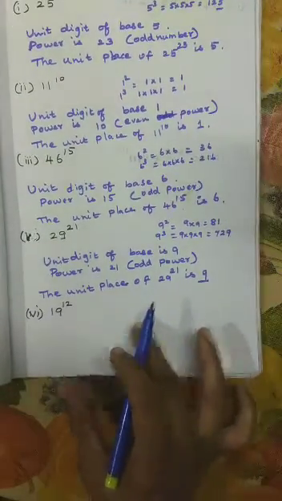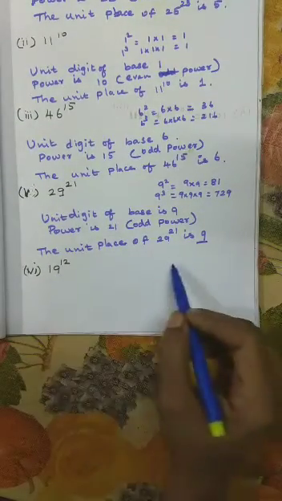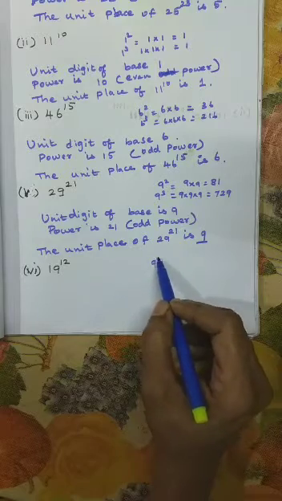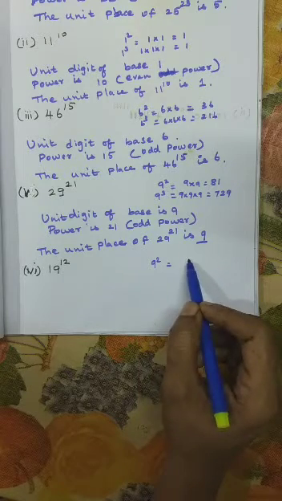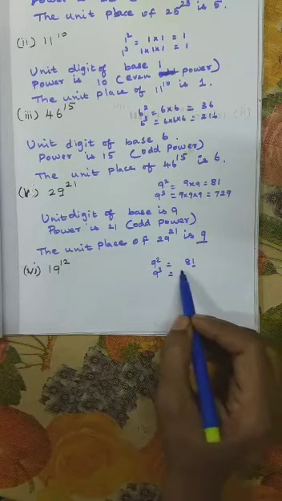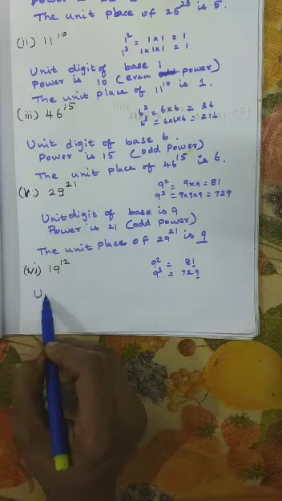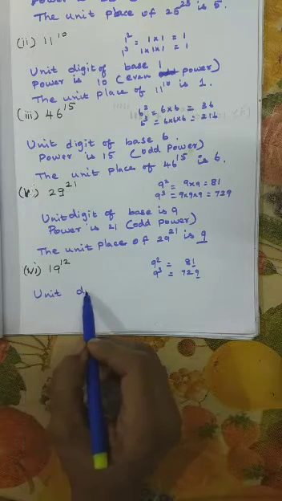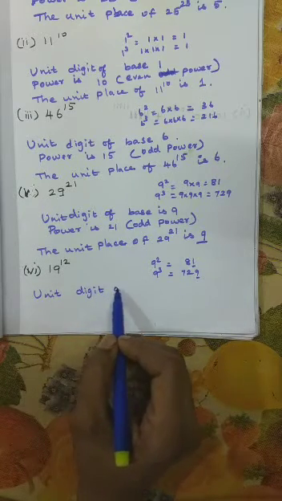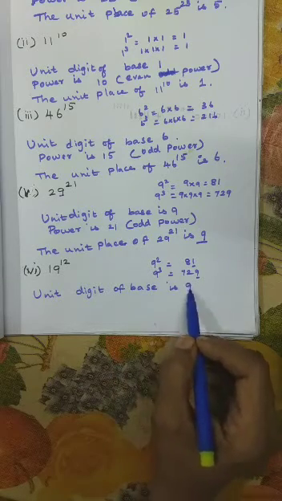Okay. Then you shall see the sixth problem. Here also 9, same. 9 square means it is ending with units place 1. 9 cube means the units place is 9, isn't it? So the units digit of the base is 9.